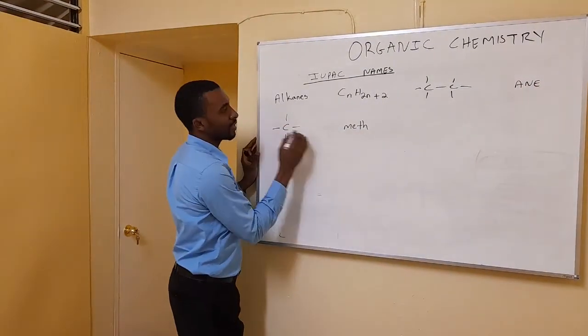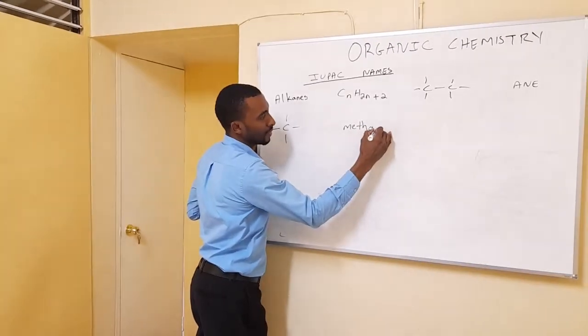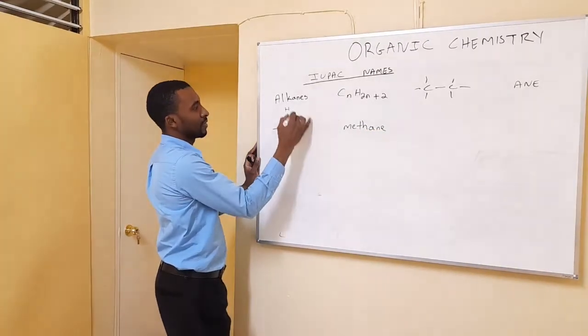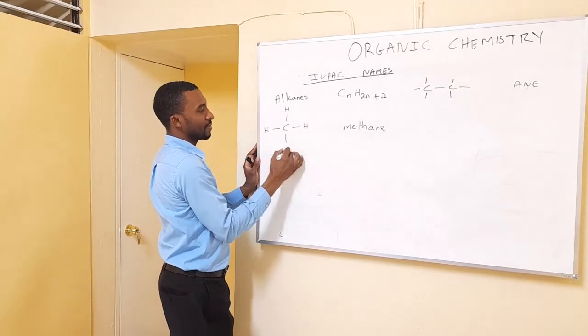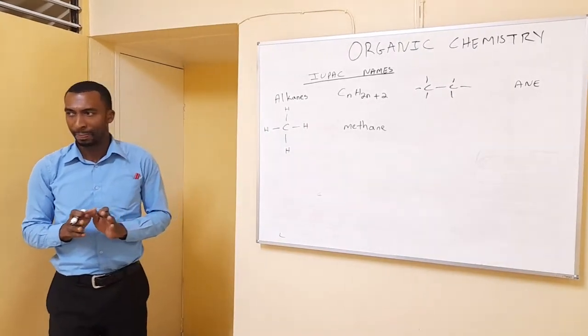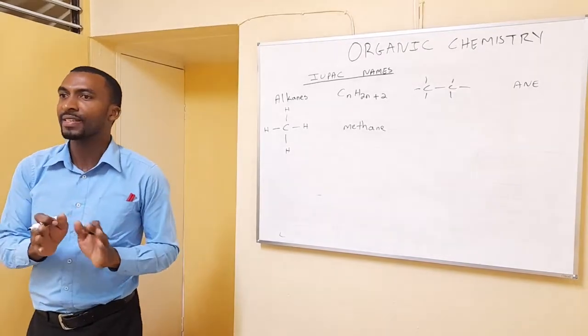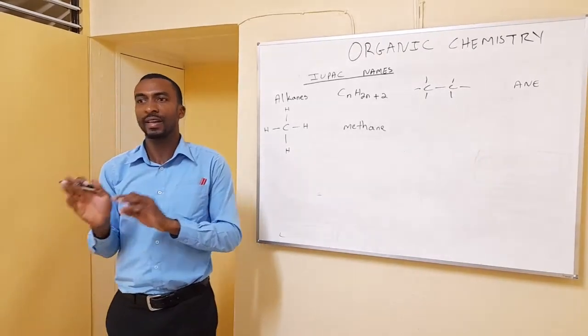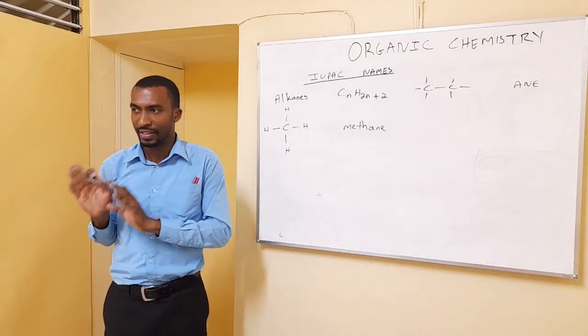So this one carbon atom is going to be methane. Alkanes are hydrocarbons, so they contain only carbon and hydrogen. Remember that alkanes and alkenes are hydrocarbons, meaning that they contain only carbon and hydrogen.